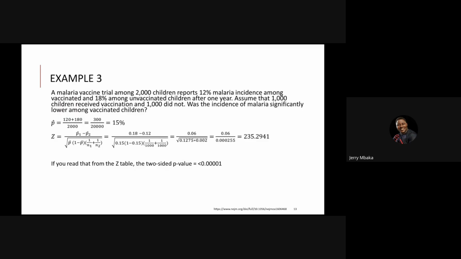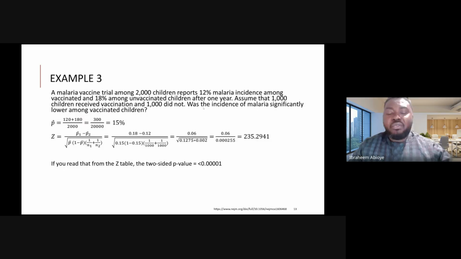So if the percentage of children with malaria in the unvaccinated is contained within the confidence interval of the vaccinated children, the confidence intervals overlap. So if for the 12% the confidence interval goes from 10 to 14, and for the 18% the confidence interval goes from 16 to 20, those confidence intervals do not overlap.